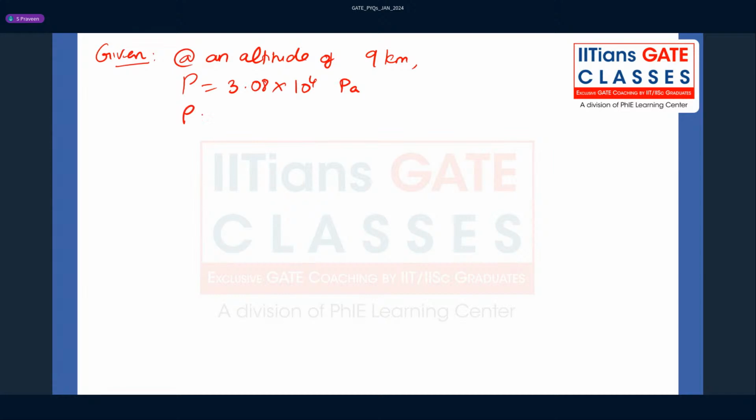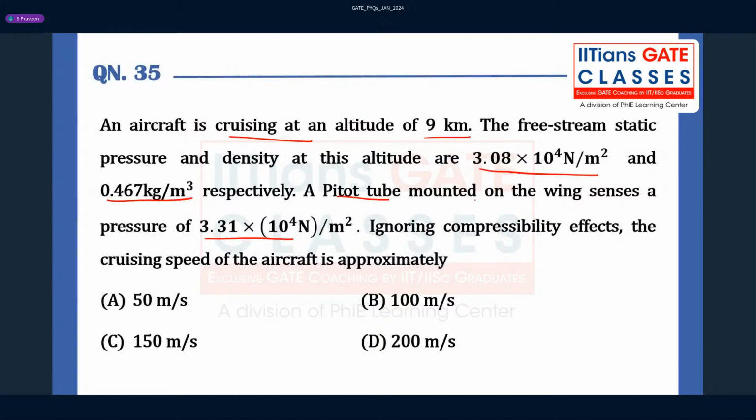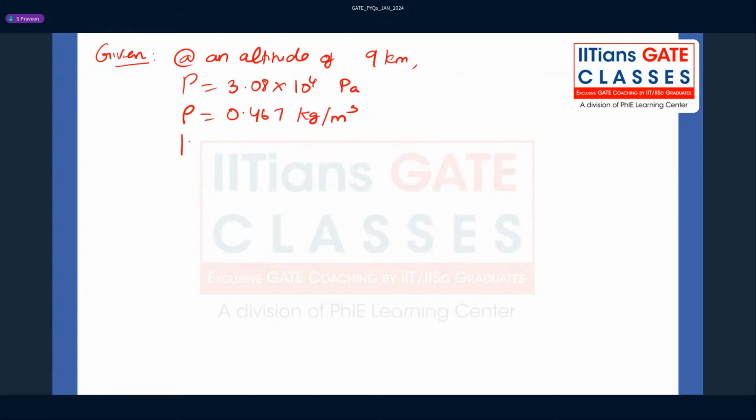My density is 0.467 kilogram per meter cube. He says a pitot tube is mounted on the wing, so what does a pitot tube measure? A pitot tube measures the stagnation pressure. This is very important. So the pitot tube measures stagnation pressure.